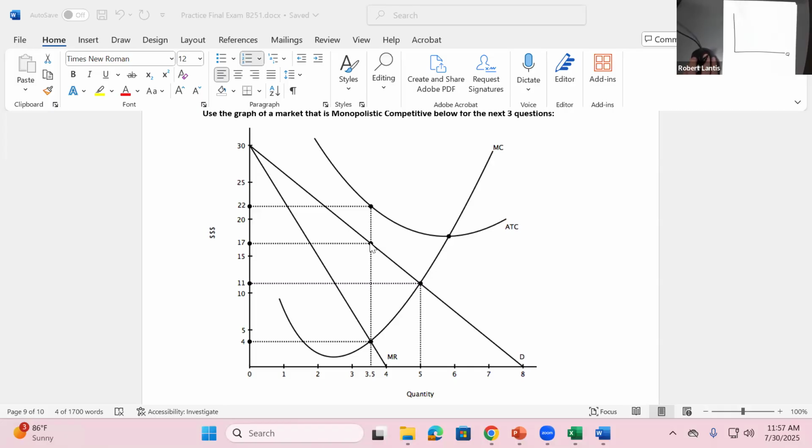Well, at that price is below average total cost. So what would the profits of the firm be here? Well, profits are going to be the difference between price and average total cost times the quantity I'm selling. The difference between 22 and 17 is 5, times 3.5. So that's 17.5, but negative would be my profit value here.